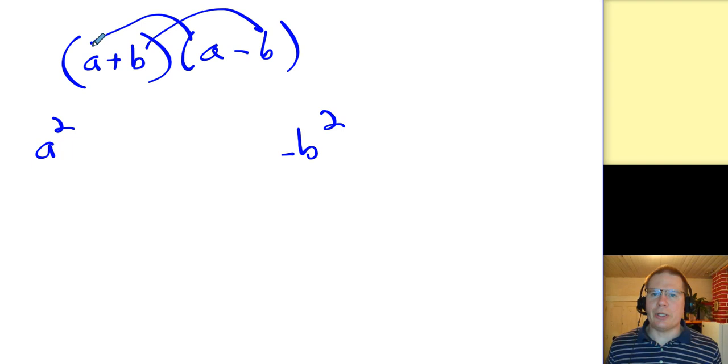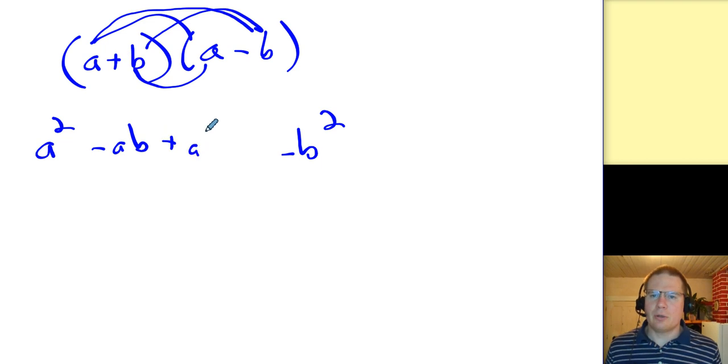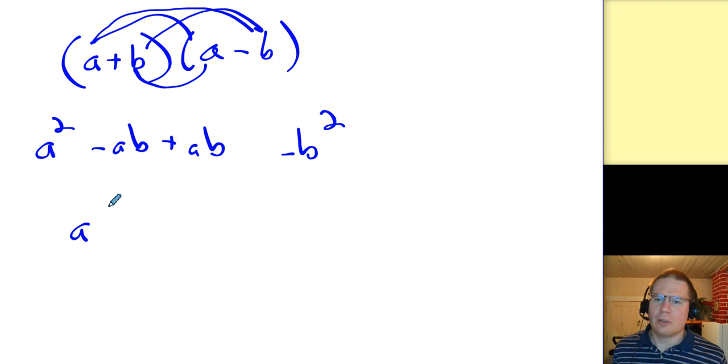But in between, I have the a times negative b, and I have the a times positive b. And whatever a and b are, their sum, because they're going in opposite directions, is going to be 0. Not the sum of a and b, but the sum of the product of a and b and the opposite of the product of a and b. So I get a squared minus b squared.